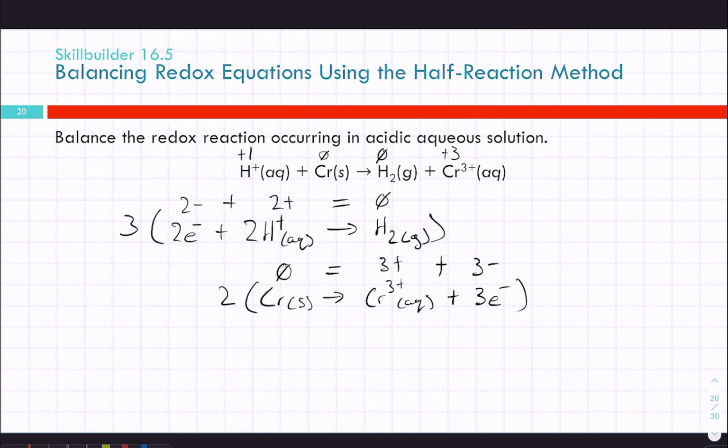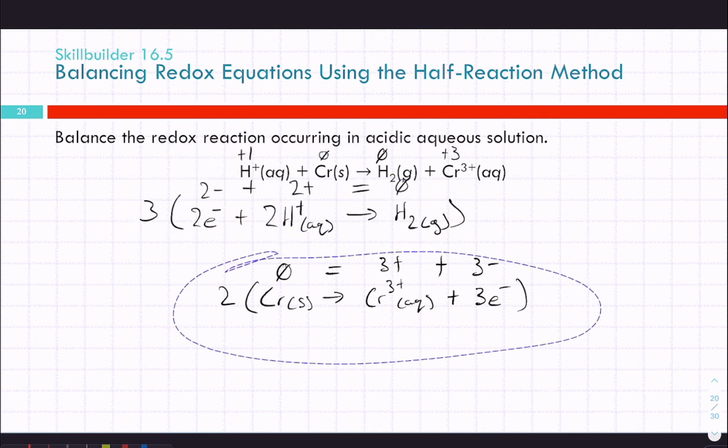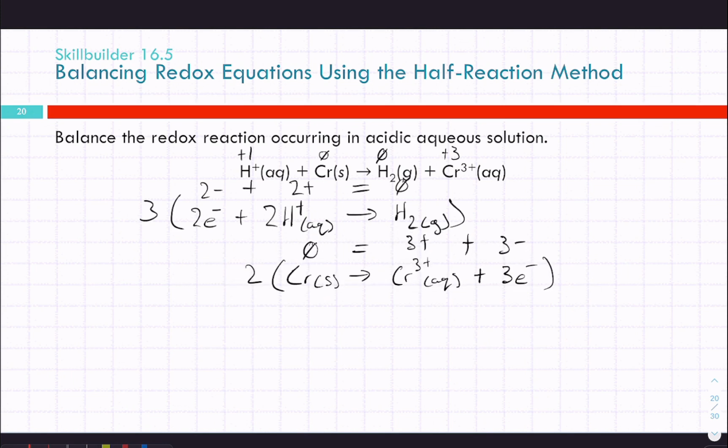Giving myself a little more room here. So then the hydrogen reaction will be 6 e- plus 6 H+ goes to 3 H2.